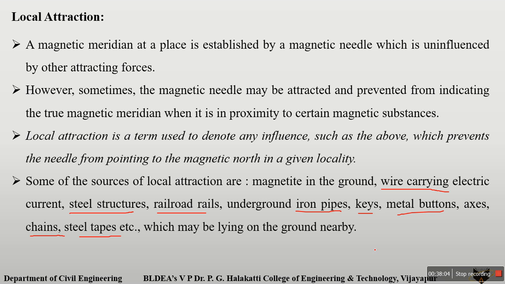These are some examples of materials that come near or in contact with our compass instrument. The magnetic needle is then deflected, attracted towards that material. Then it will not show the magnetic north direction accurately. These are some of the sources of local attraction.